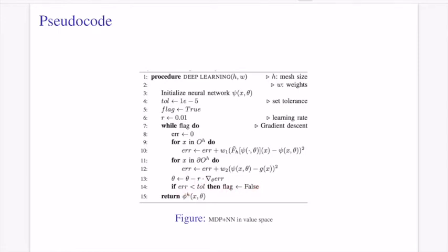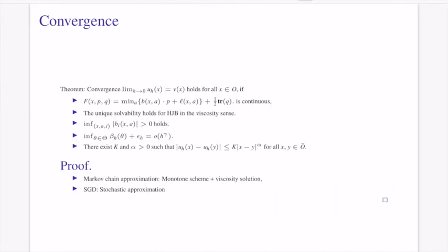Then we switch the flag to false and quit. That gives the numerical solution. The theory says that if h is small enough, then the approximated value from the neural network is very close to V under some assumptions. Those assumptions can be explicitly verified in our example, and the proof relies on the viscosity solution approach from monotone schemes and stochastic approximation.